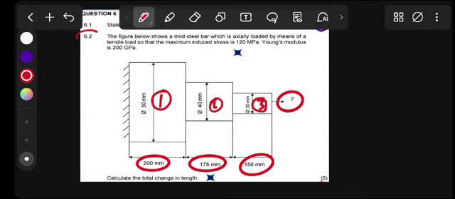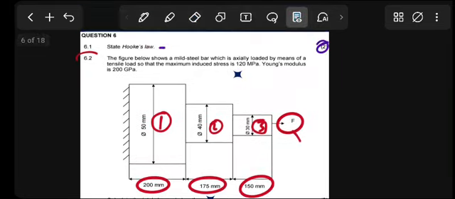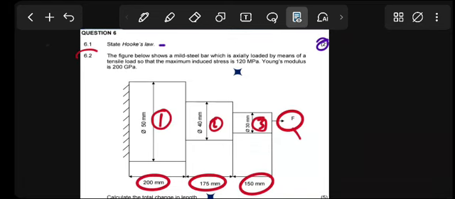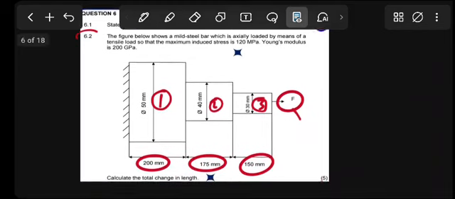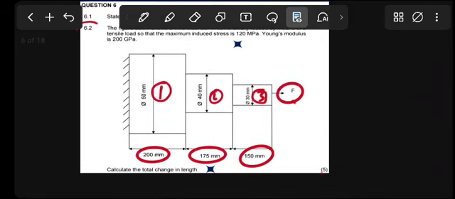We are not given the force, sorry, that is megapascal. It's a stress. We don't know that force; we're given the stress. The stress is the same that is acting on this section. It says calculate the total change in length.